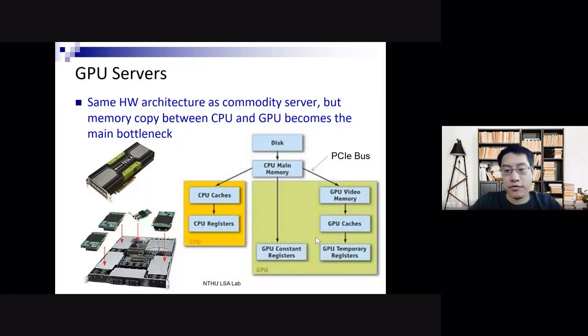For this course, we will use GPU and CPU as the example. In general, even the GPU server we have for this course is actually an extension of the commodity server. You have a CPU and you have a GPU, but they are installed separately.